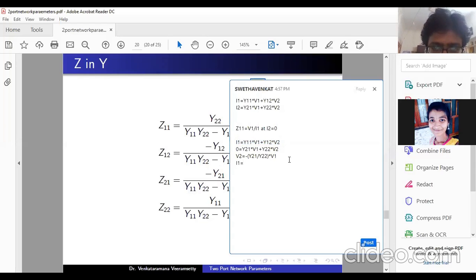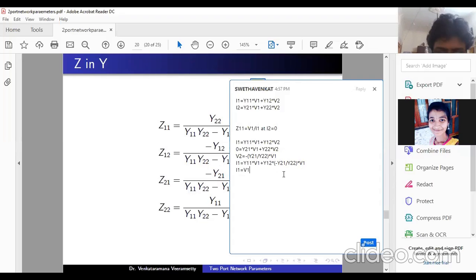I1 equals Y11 into V1 plus Y12 into V2, and V2 equals minus Y21 divided by Y22 into V1. So now, in I1, from this complete equation, take V1 common.